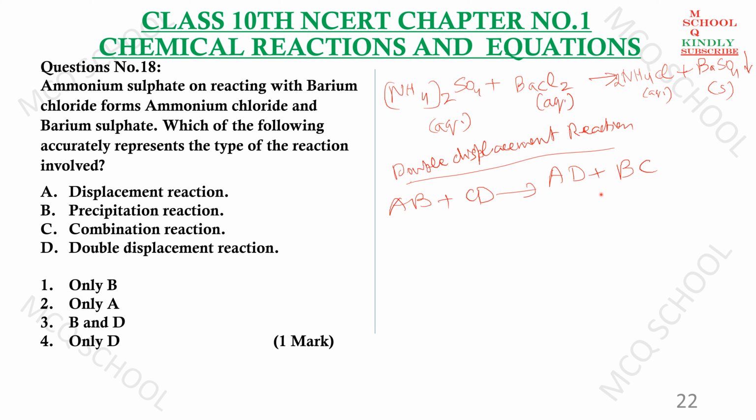Similarly, in our case also it's an interchange of the elements, so at first this is surely a double displacement reaction. Also, because a precipitate is being formed, B is also there. So B plus D, that means 3. The answer is 3.